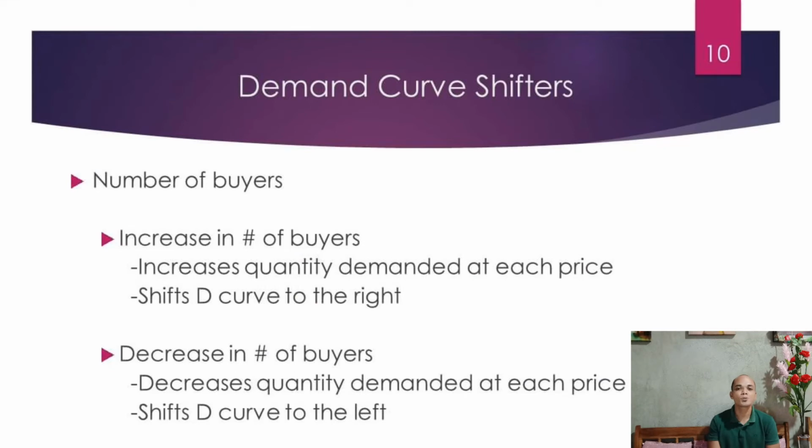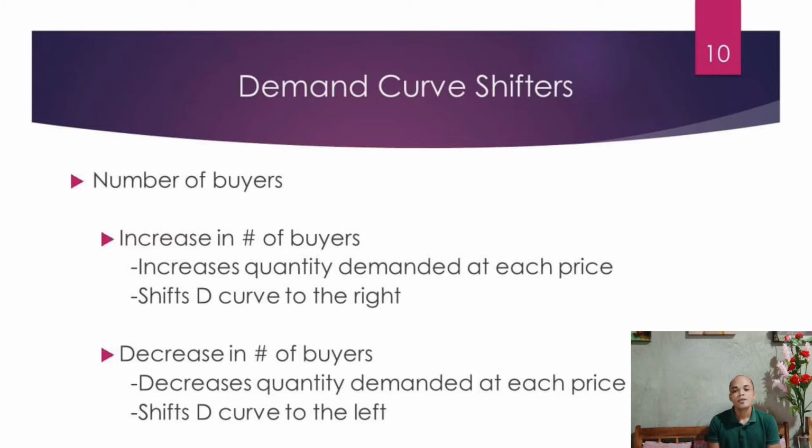Demand curve shifters. The factor is the number of buyers, which is categorized into an increasing number of buyers and a decreasing number of buyers. With an increasing number of buyers, the quantity demanded increases at each price, and it shifts the demand curve to the right.